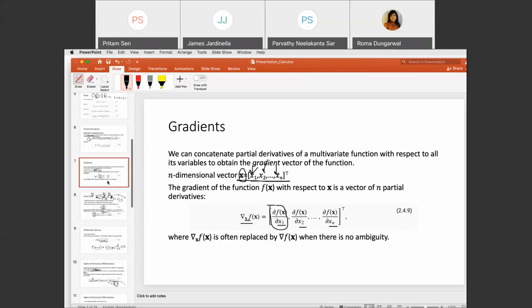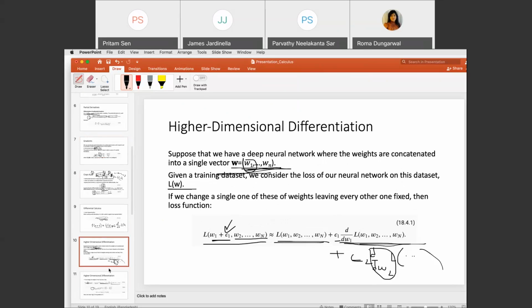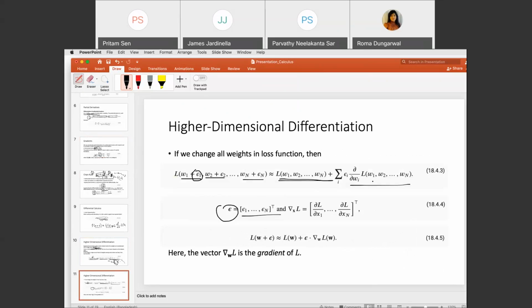If we show all the partial derivatives in a vector, we call it the gradient. All the partial derivatives in a vector is called the gradient. So this is the gradient of the loss function, with the derivatives with respect to W1 through Wn.